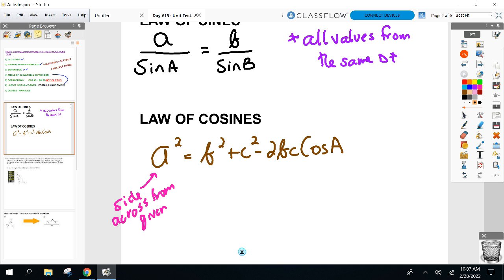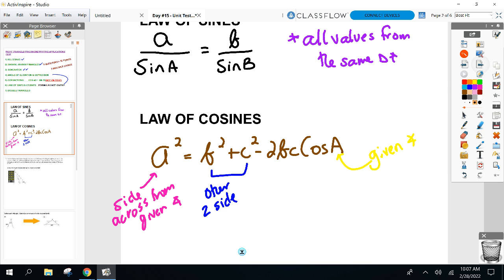So I look at what angle I'm talking about in the problem, I look across, and that's what I plug into the left side. What are b and c then? Because it might not be side b and side c. Probably not. The other two sides. And then finally A, that's the given angle, probably the only one you're working with in the problem. So there's law of sines and law of cosines.